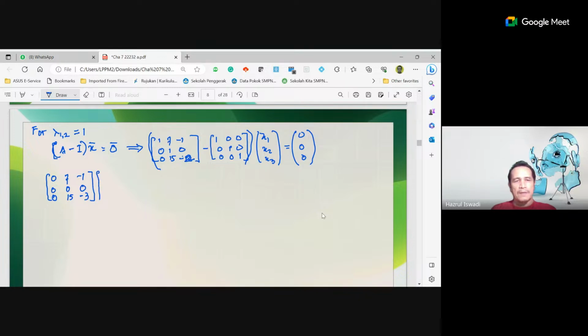Multiplied by x1, x2, and x3, equal to 0, 0, 0.